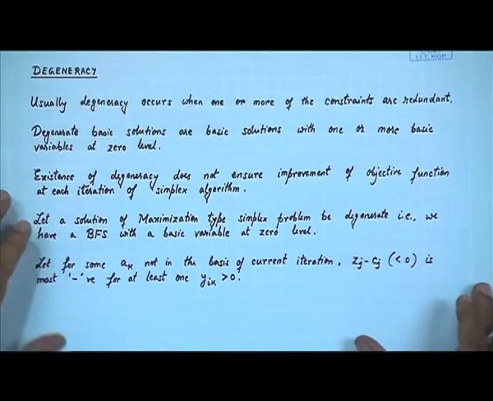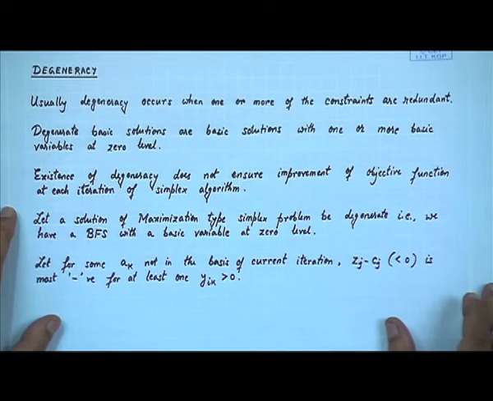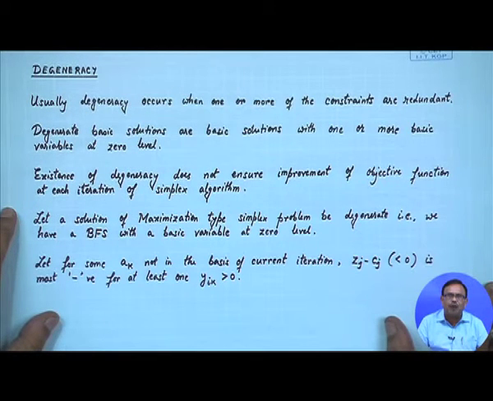Usually, degeneracy occurs when one or more of the constraints are redundant. Redundancy means that if I do not write down a particular constraint, the nature of the problem or the solution will remain unaffected.